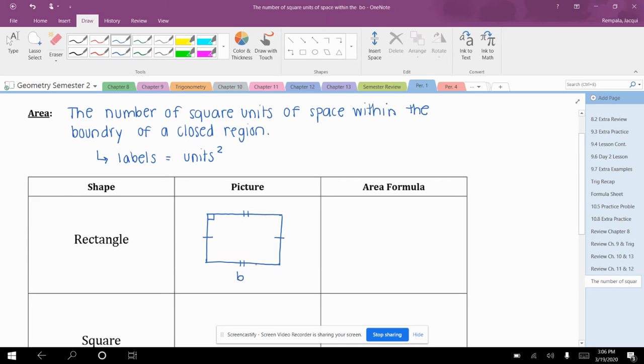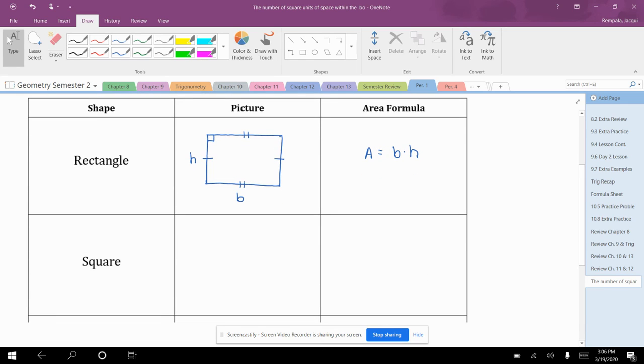I'm going to call the bottom of this rectangle B for the base, and I'm going to call the side right here the height. Okay, so hopefully we remember that to find the area of a rectangle, we're going to take base and multiply it by the height. So as long as you have one of each of those lengths, you multiply them together, you've got your area of a rectangle.